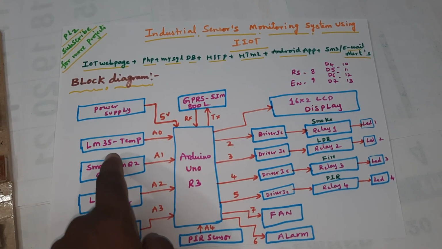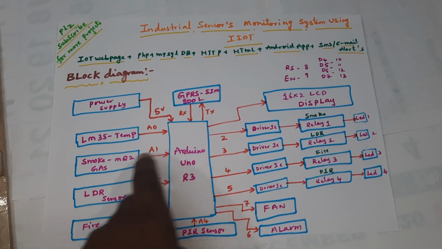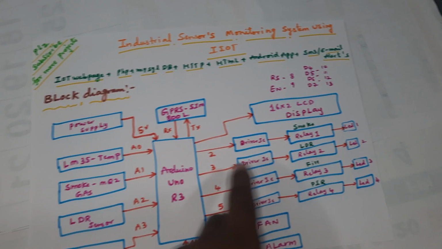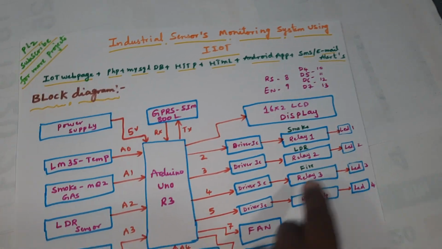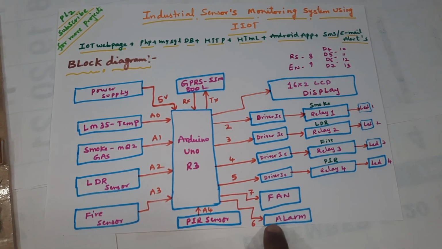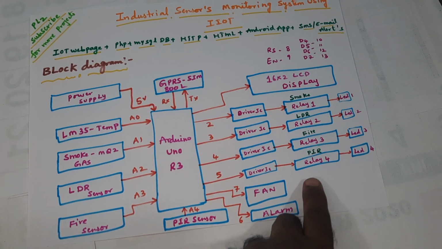For each and every parameter: temperature, fan alert; MQ2 gas sensor, relay coil, LED 1 on; LDR sensor, LED 2 on; fire sensor, alarm as well as LED 3 on; PIR sensor, LED 4 on.